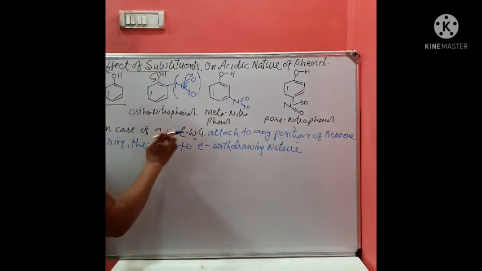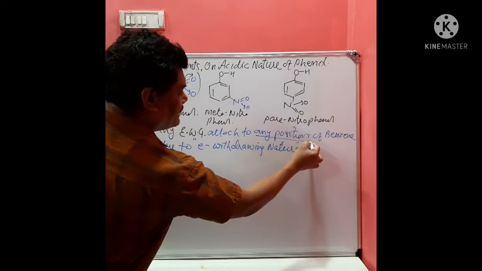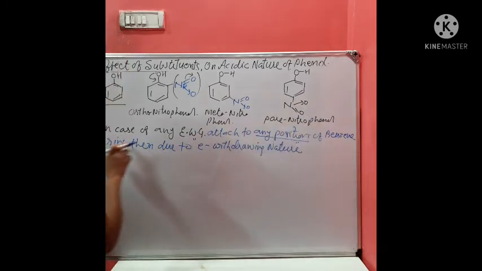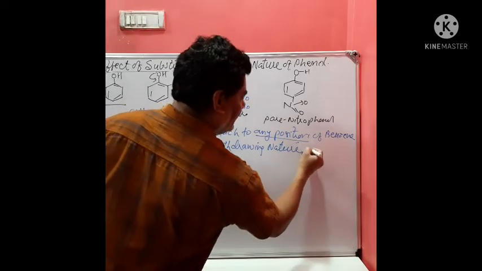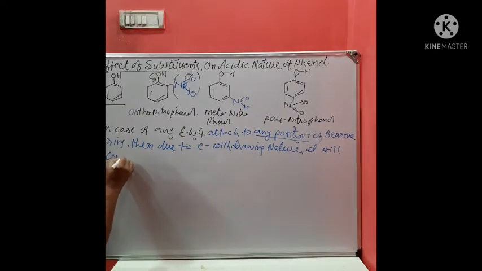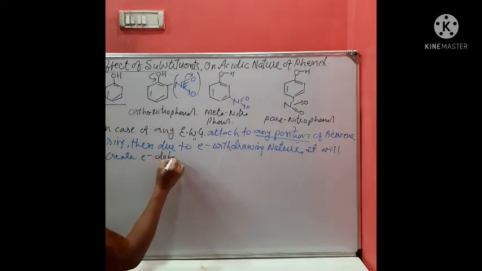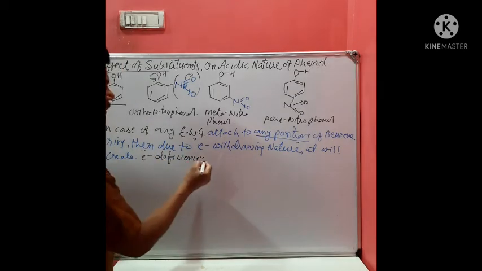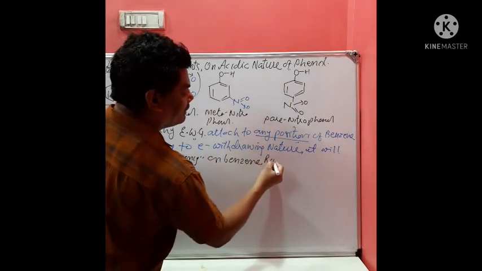So in case of any electron withdrawing group attached to any position, remember any position like ortho, meta, para position of the benzene ring, then due to electron withdrawing nature, it will create electron deficiency on the benzene ring.